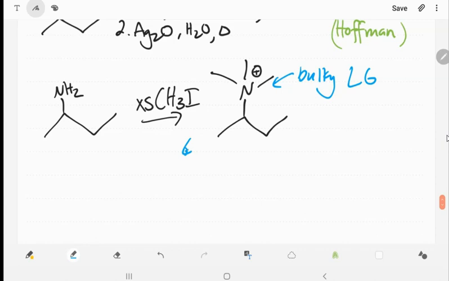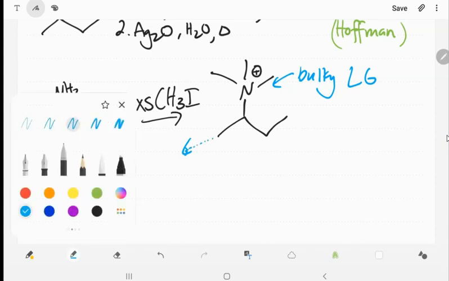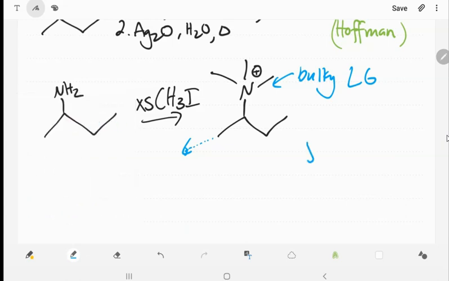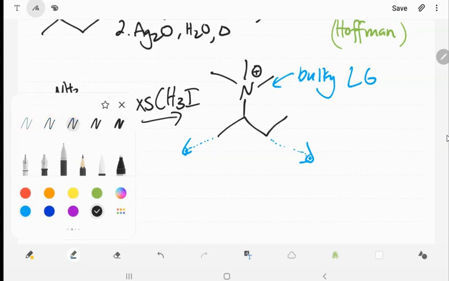Let's look here, and let's look at both of these. We're going to look at both carbons. Oh, my eyes are getting uglier and uglier, but we're going to go ahead and look at some Newman projections, and we're going to see why we're going to get the Hofmann product.